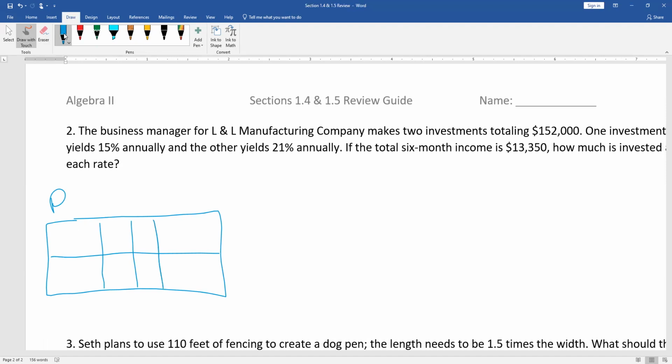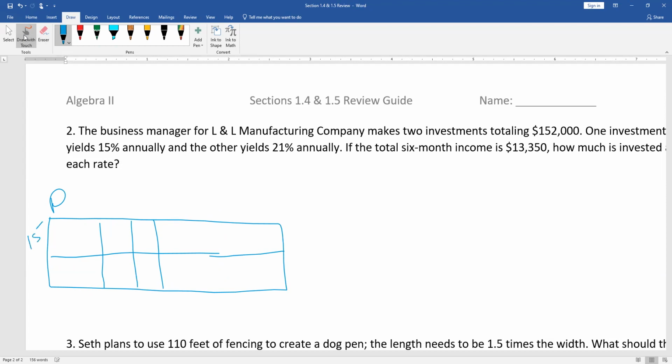The time is the same, although this one is a little bit different in the sense that it's only for a half a year instead of a whole year. So we actually do have to include a time of 0.5. But this will be the 15% interest and this will be the 21% interest account.